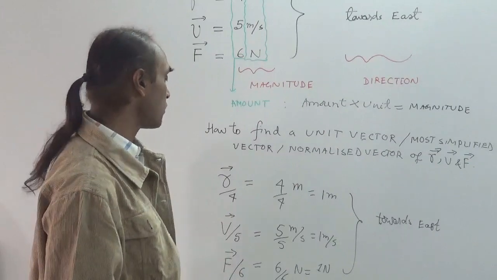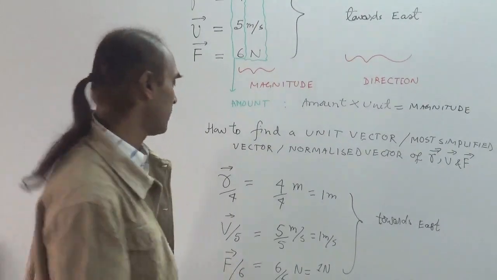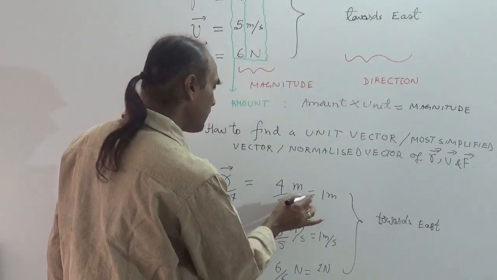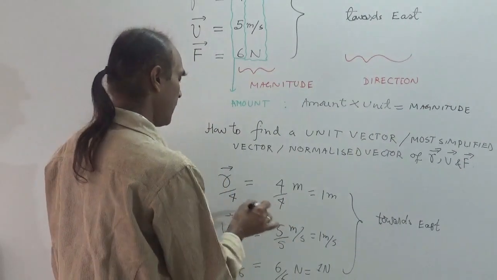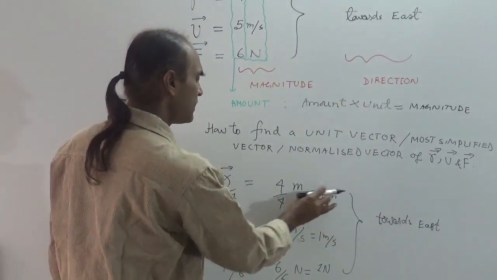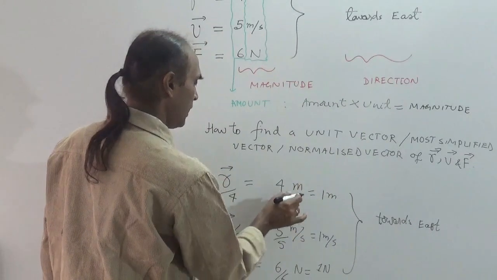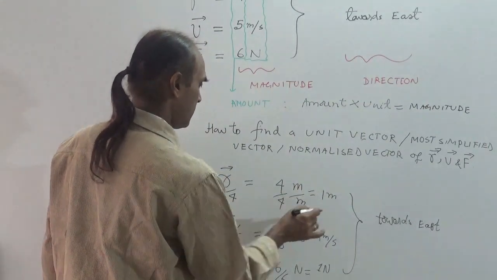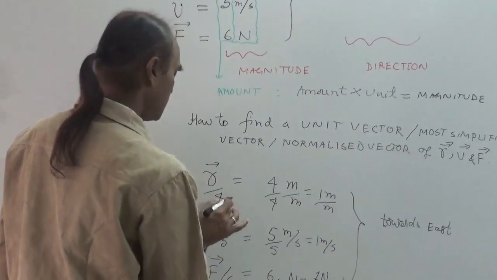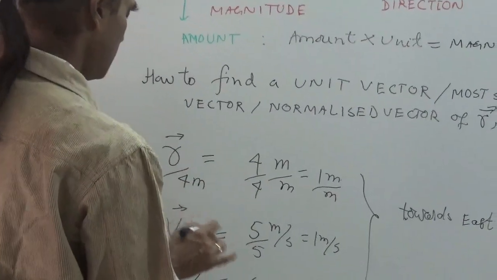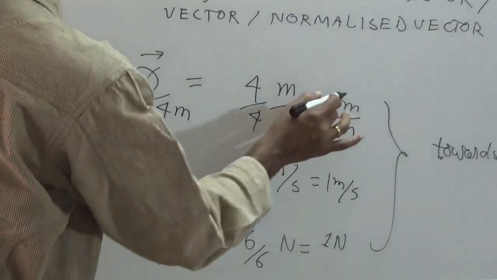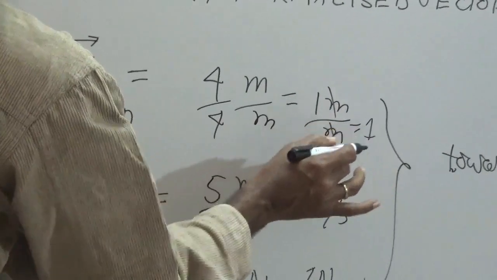For this purpose, what you have to do is very simple. We have to divide these vectors further by their units. If you divide it by its unit, that is meter, you are getting 1 towards east.